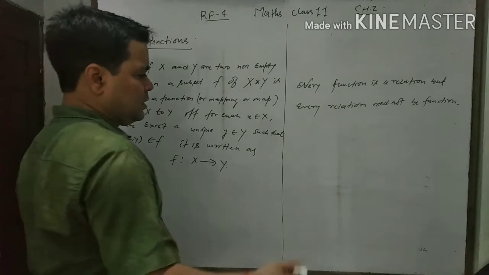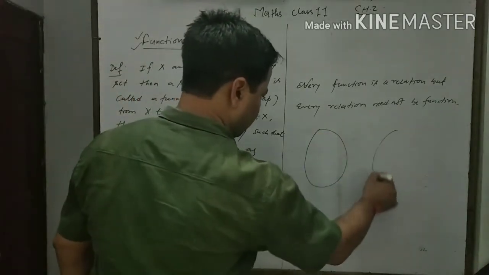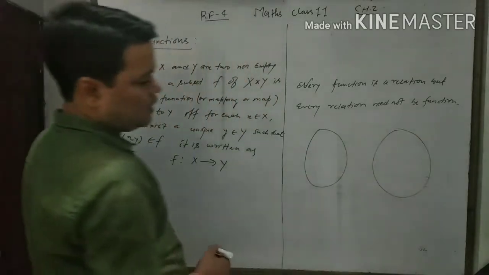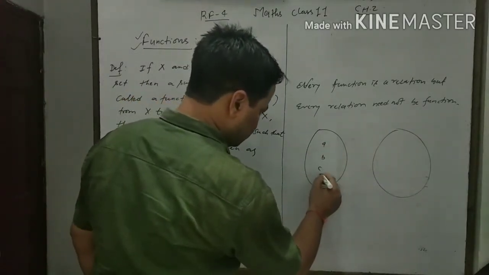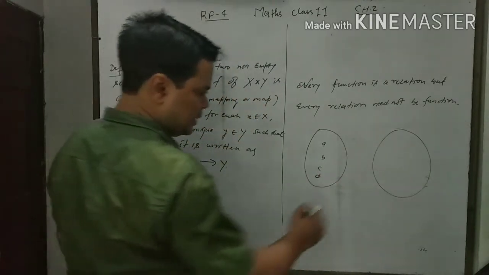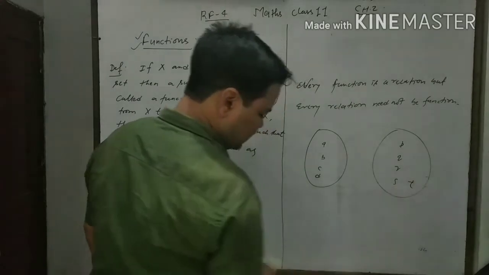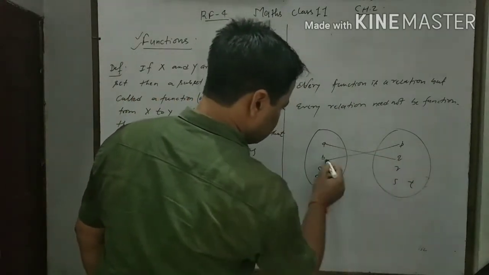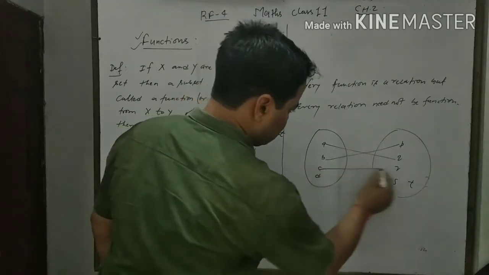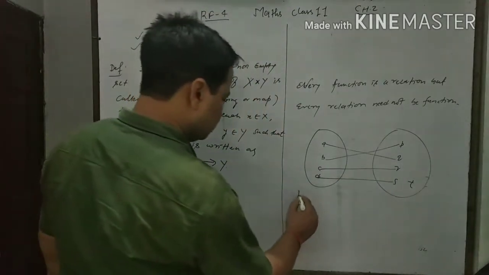Just like an example here, if we have A, B, C, D and here P, Q, R, S, T, and we join them like this way, then what is the domain?